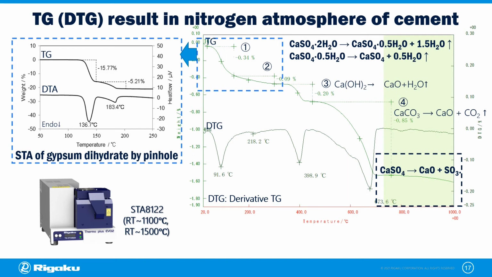Summarizing the above results, it was concluded that gypsum dihydrate is contained in the cement from overlapping reactions in the first two stages of mass losses, and that the evolution of sulfur dioxide from 800 degrees centigrade is observed.